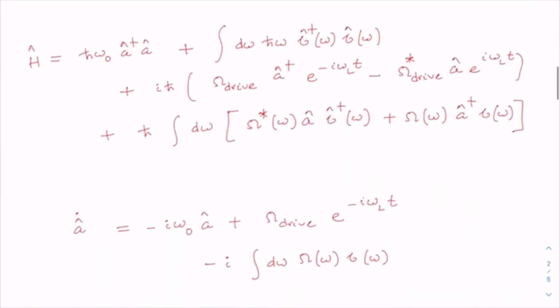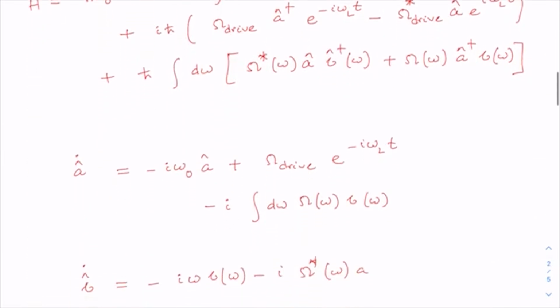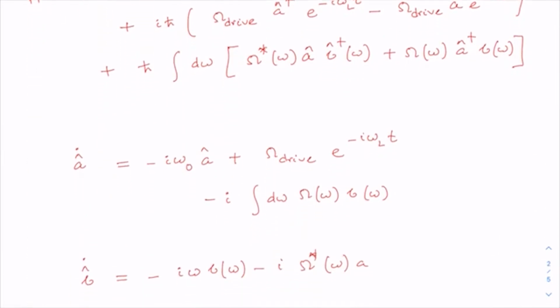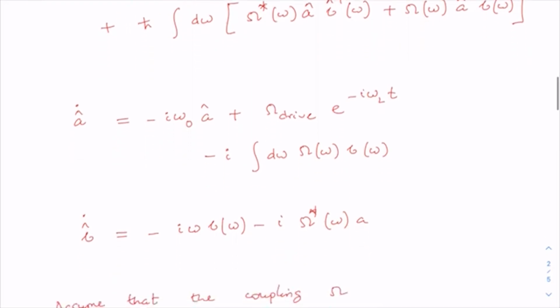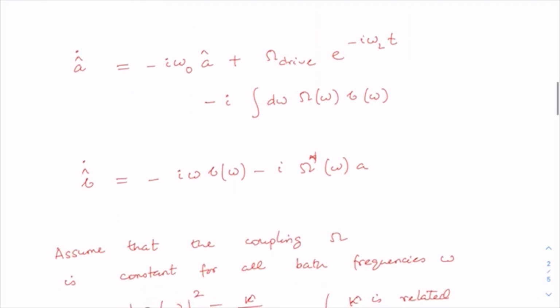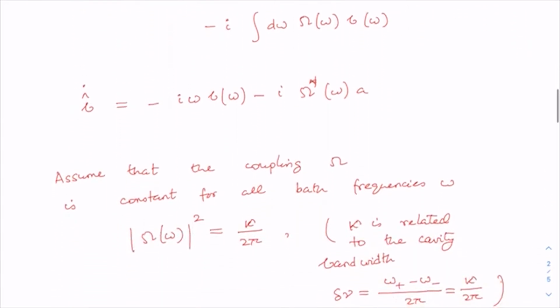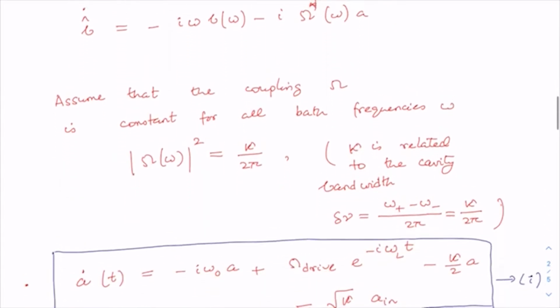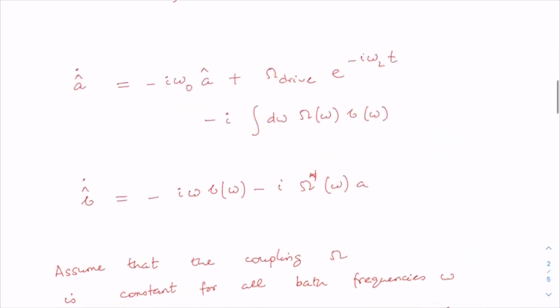So using this Hamiltonian, we first worked out the Heisenberg equation of motion for the optical mode and the Bath mode, and then we solved the Bath mode equation and got a solution going from some initial time t0 to some instant of time t.